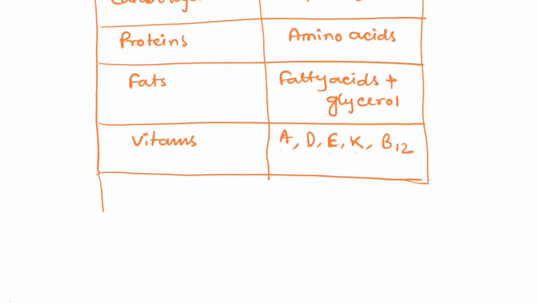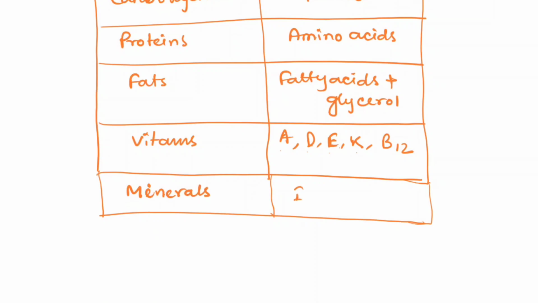Not all B, only B12. And last one is minerals. Iron and calcium. These are the two minerals which are absorbed in the small intestine. Okay.